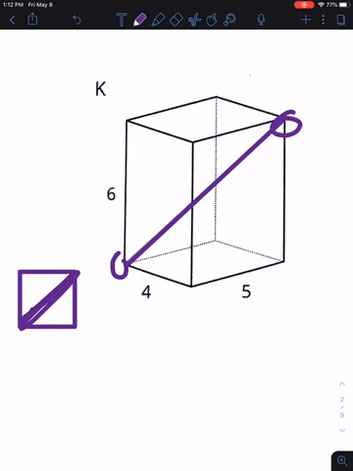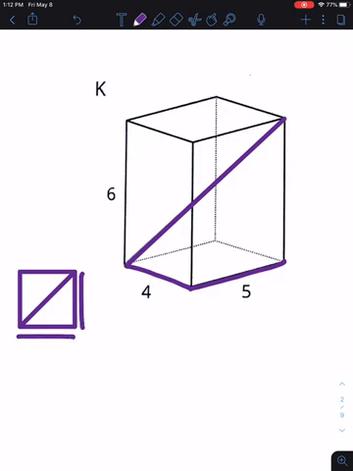So this line makes a right triangle with these two lines, which represent these two lines here. We've got a length of 4 and a length of 5.